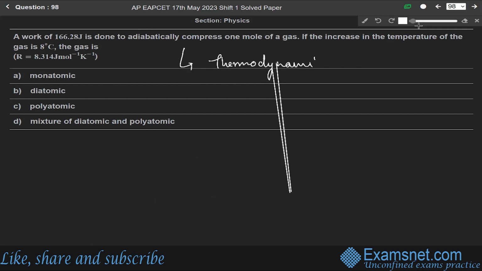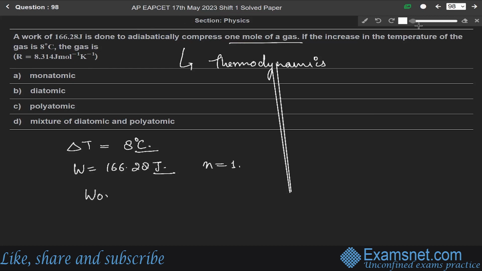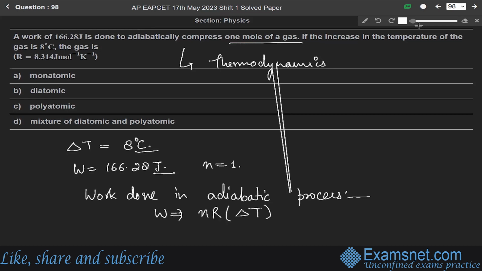According to the question, delta T, the increase in temperature, is 8 degrees Celsius, work is 166.28 joule, and 1 mole of gas means n equals 1. The work done in an adiabatic process is given by the formula W equals nR delta T over gamma minus 1.